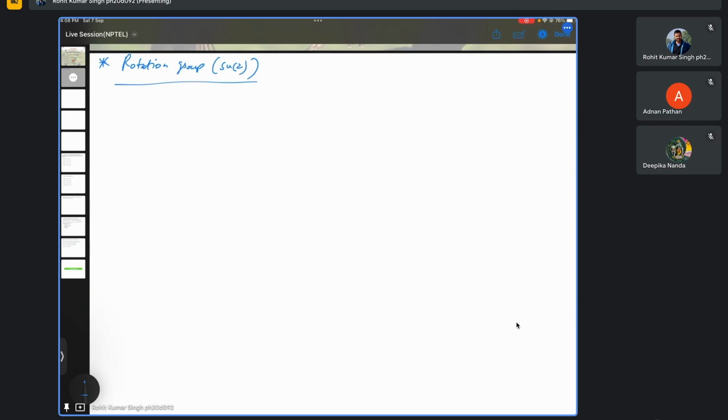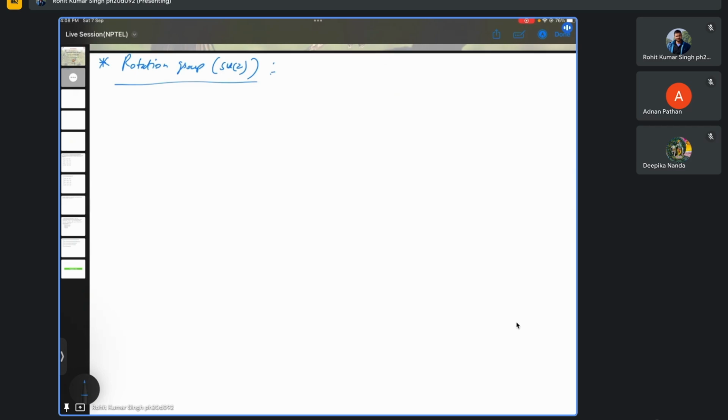So what are groups? Groups are basically sets of elements. SU2 means special unitary group of 2 cross 2 matrices.